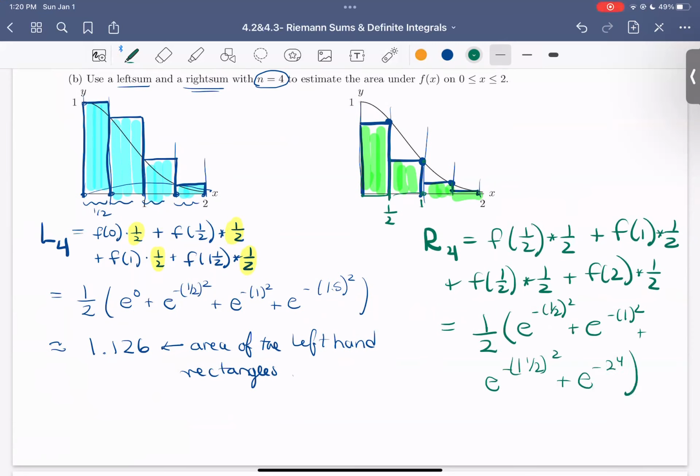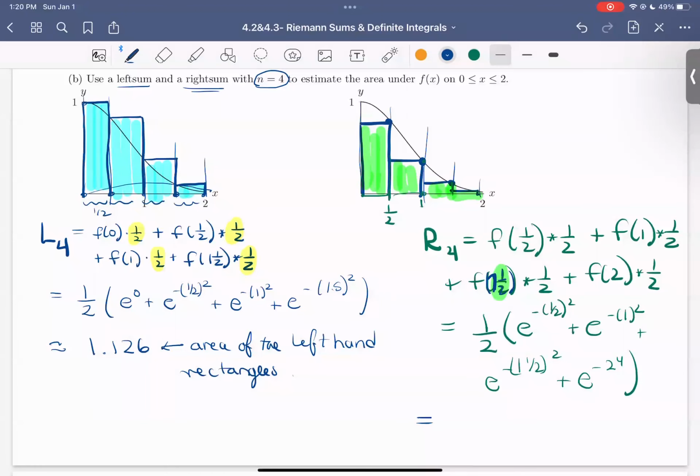Whew, nice job. One other thing, a little slip here: this third rectangle is evaluated at f of 1.5, so we just need to include that extra 1. That's why it's so important to take our time, slow down with these, and work on the problem multiple times, because it's easy to drop a little number here or there.